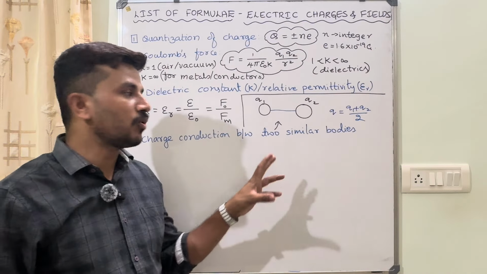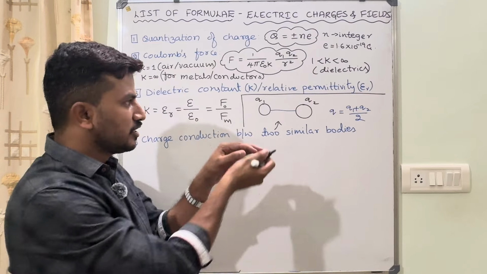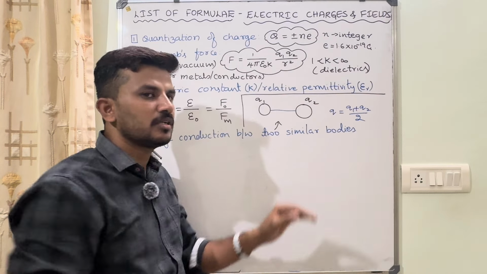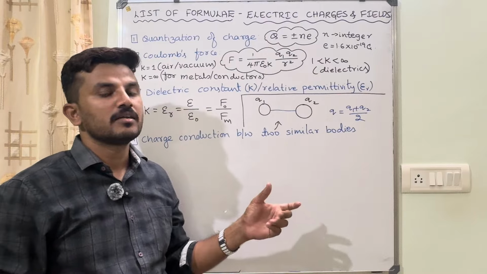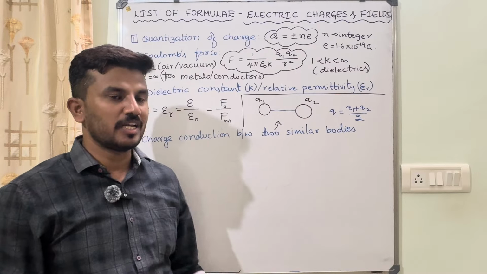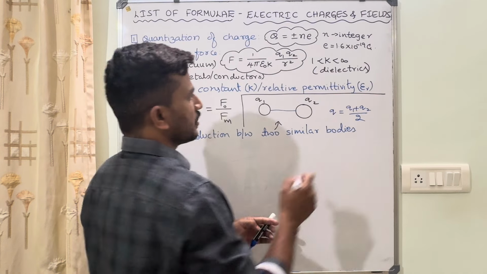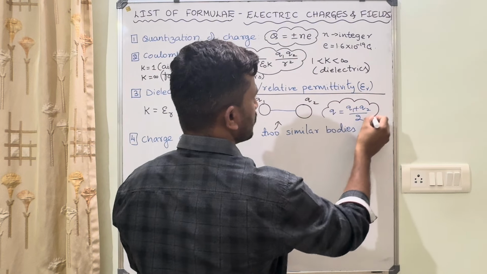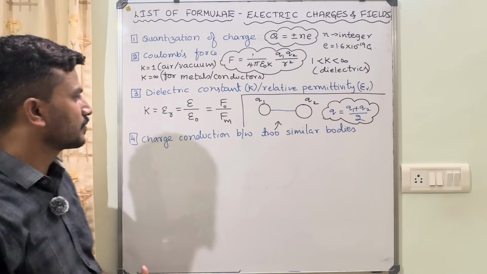But sir, what if they are not similar spheres? If one is a bigger sphere, one is a smaller sphere, then the charge distribution occurs until their potentials become the same. That we will discuss in electric potential and capacitance. So this is the formula, Q is equal to Q1 plus Q2 divided by 2.